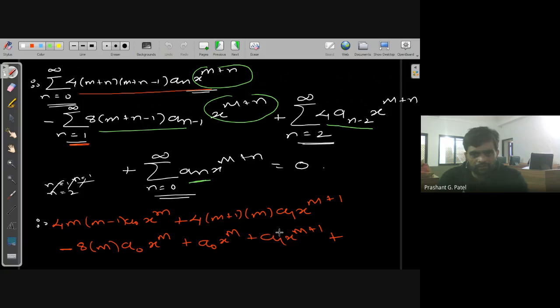So now here it is x power m, here also it is x power m, all of this is x power m and all having the coefficient a0, so that I am taking out.